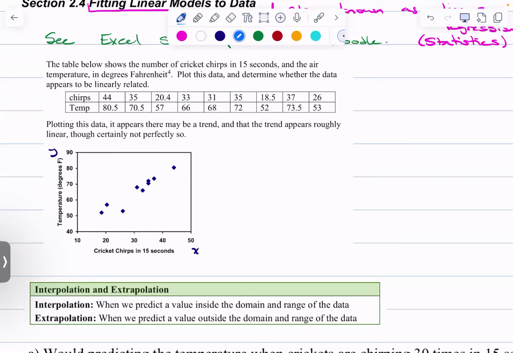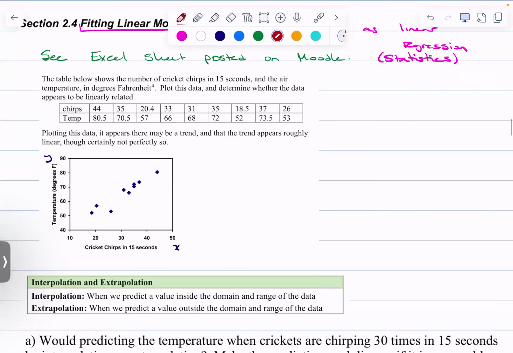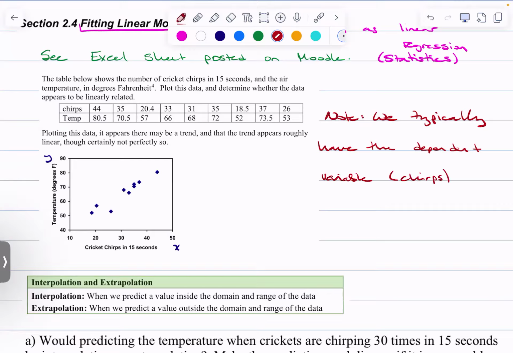So here, I'll make a note. What color should I do it in? I'll do it in red because that's how mad I am about it. Note: we typically have the dependent variable, which would be the chirps. Right? Chirps depends on the temperature. That seems reasonable, right? But if I say the temperature depends on the chirps, that doesn't seem reasonable anymore, right?